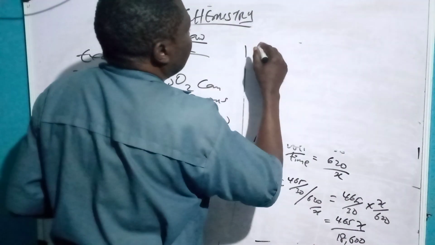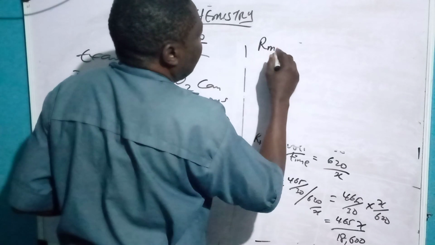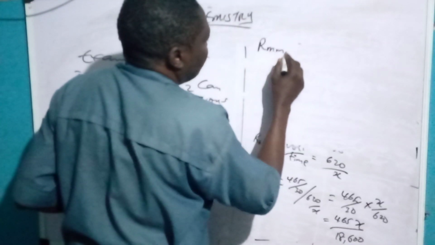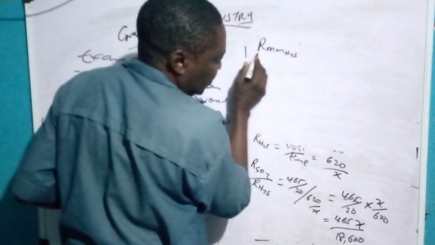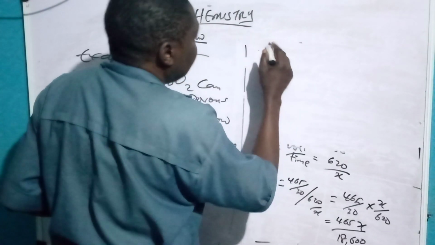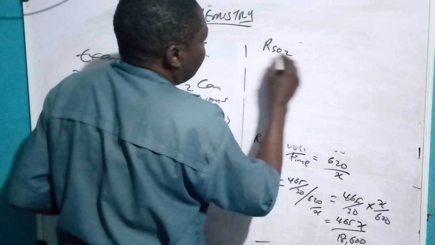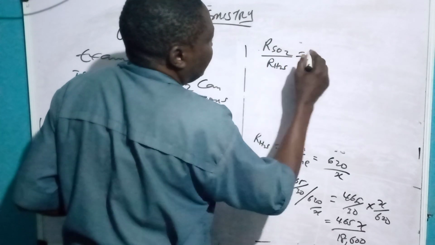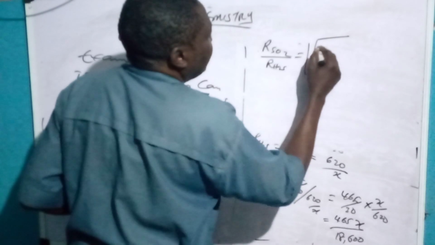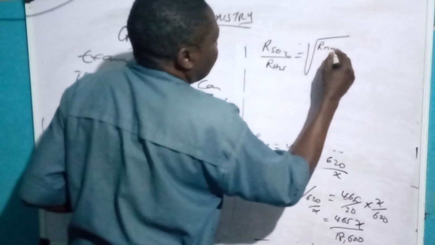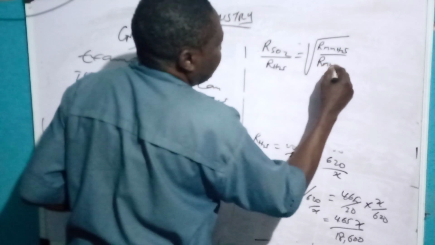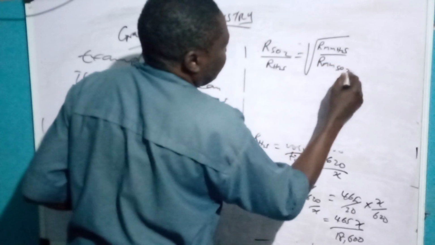We now say R_SO2 over R_H2S is equal to the square root of the relative molecular mass of H2S over the relative molecular mass of SO2.